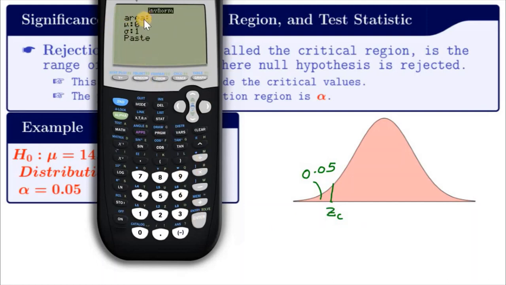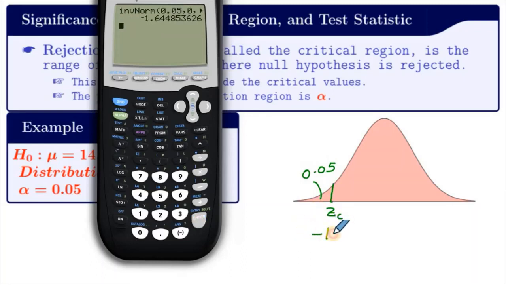So calculator takes area to the left, and if we are looking at this point here, the area to the left from this point is 0.05. So let's enter that, 0.05. Our mean is 0 and sigma is 1. Then hit enter, then hit enter. So here the critical value is negative 1.645.